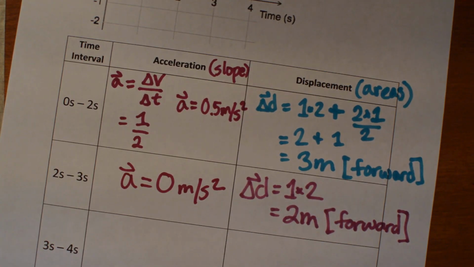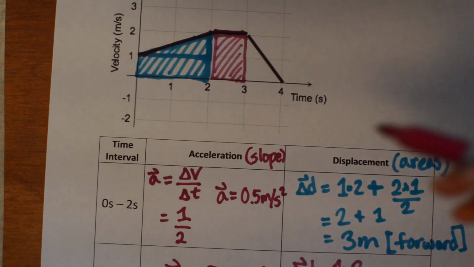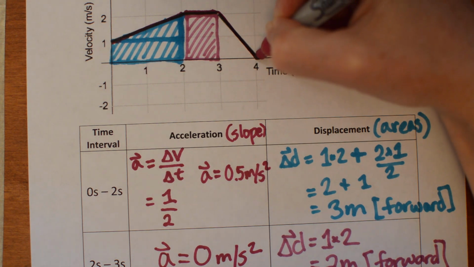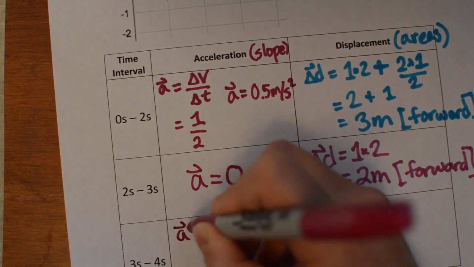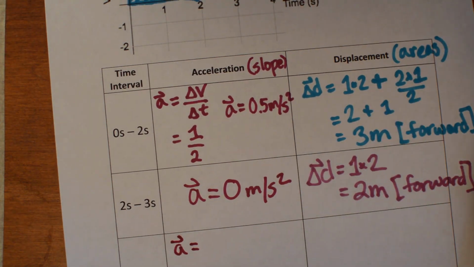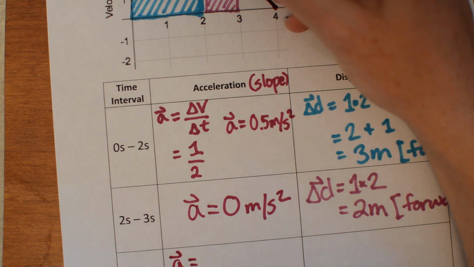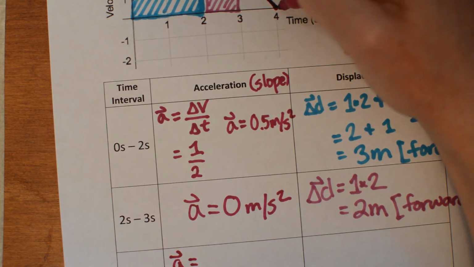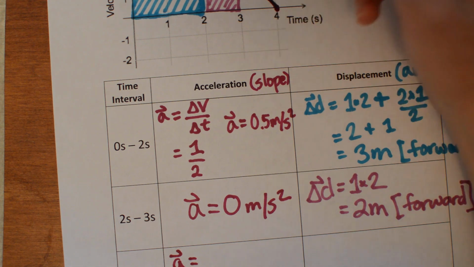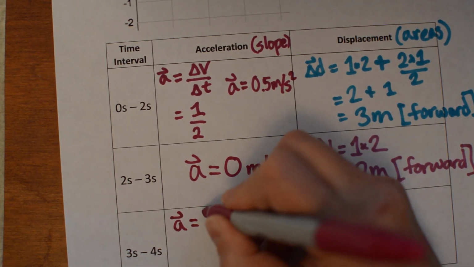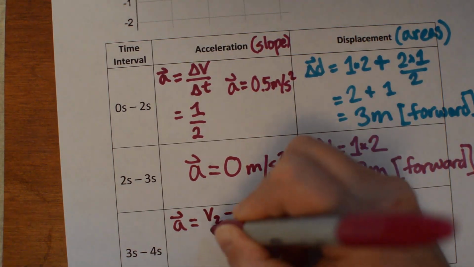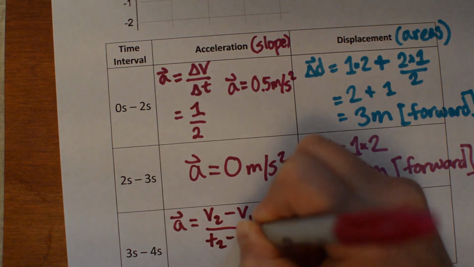All right, last section. The acceleration over this section from 3 to 4 seconds. A is my change in velocity over my change in time. My change in velocity goes from 2 down to 0. So I can write this out as V2 minus V1 over T2 minus T1.